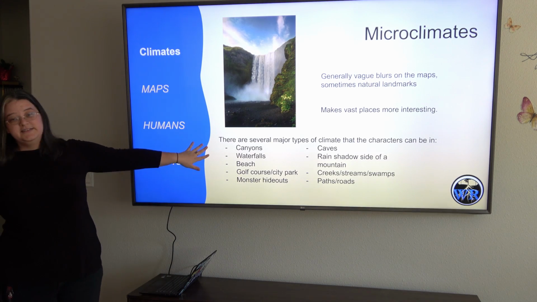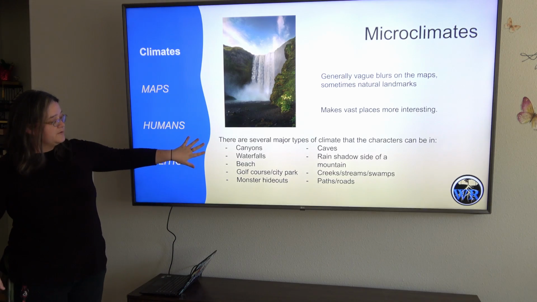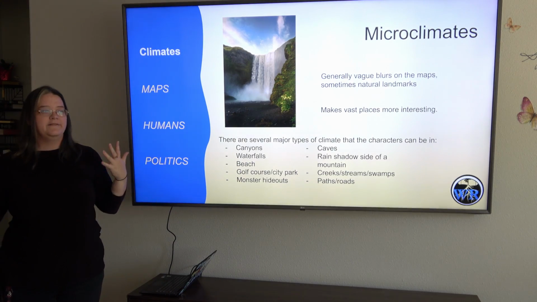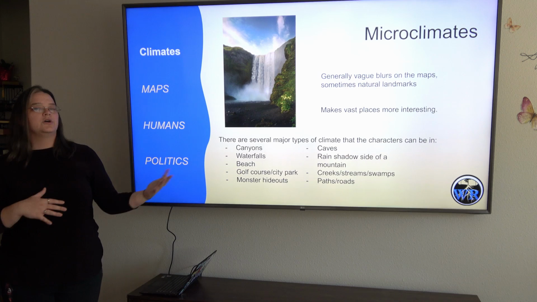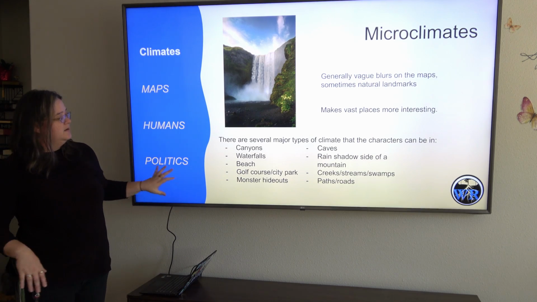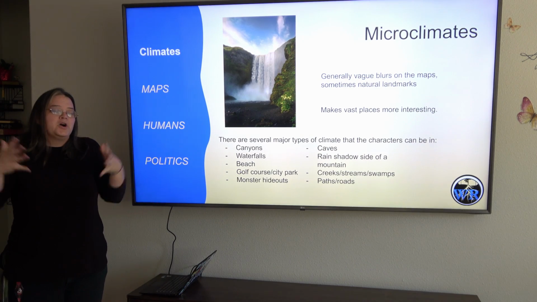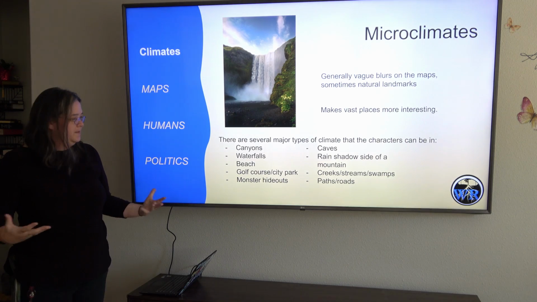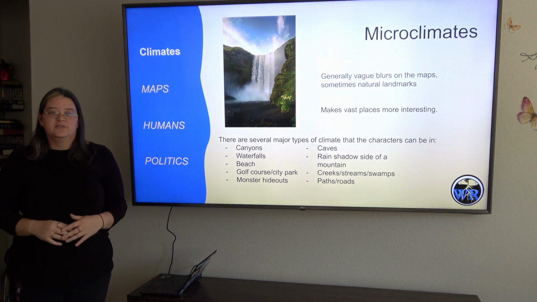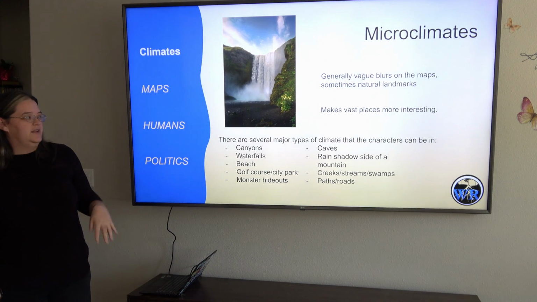These can be canyons, another favorite of mine to write about. Waterfalls, beaches, especially if you have a partially aquatic or an urban environment. A golf course or a park within a city. A monster hideout, so this den that the dragon is living in.